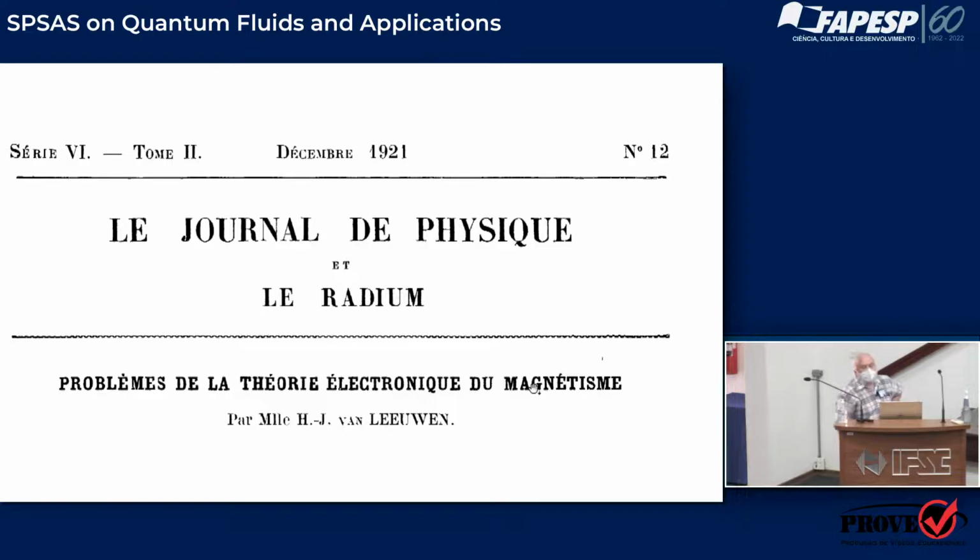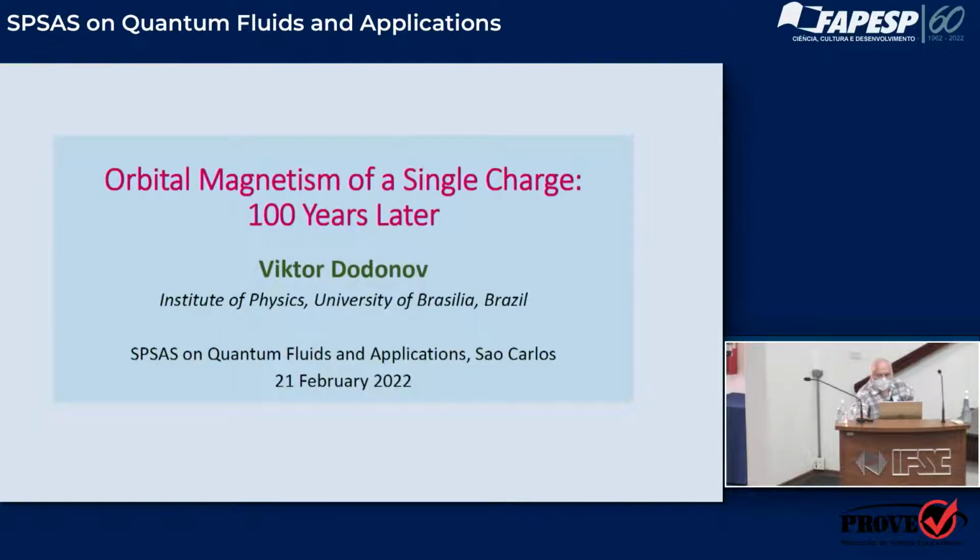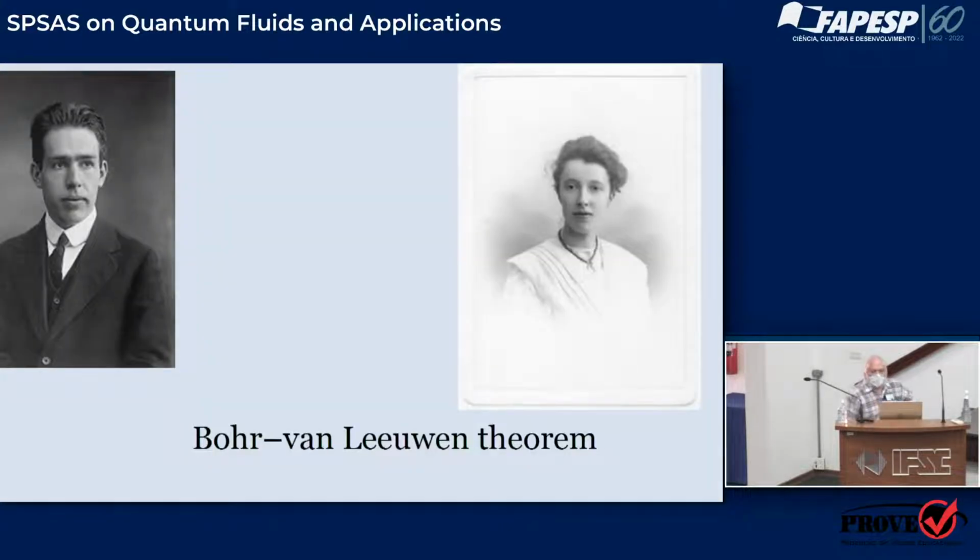And now results of this paper are known as the Bohr-van Leeuwen theorem. Here there are photos taken from the internet when they were very nice young people, more or less like you.